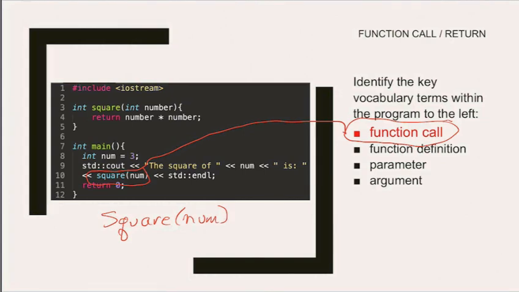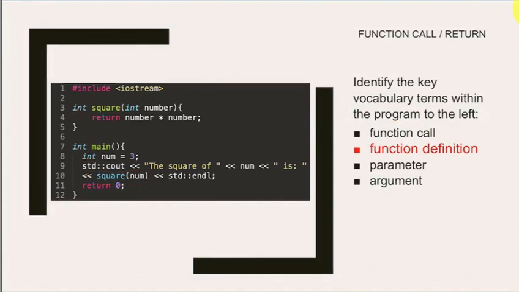Now, let's take a moment and make sure that everybody can identify the function definition. Did you find it? The function definition can be located right here. Lines 3 through 5 is where we've defined our function named square.